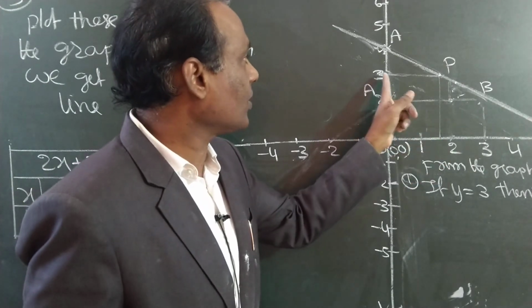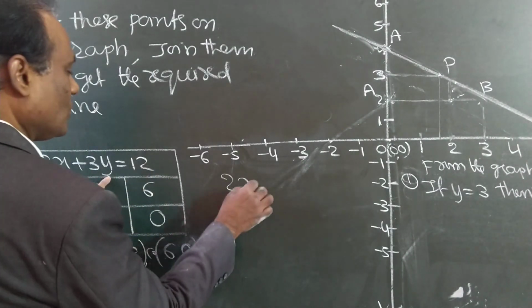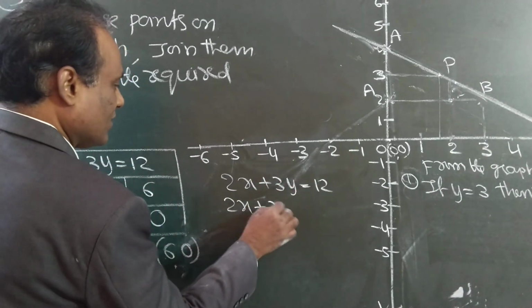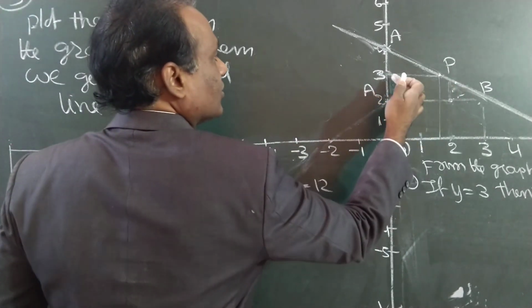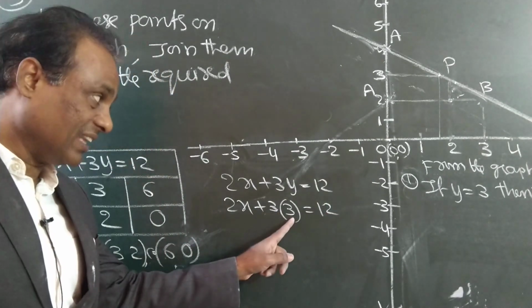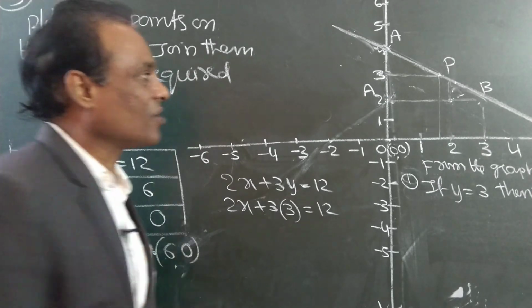See what we are getting. Suppose y is 3: 2x plus 3y is equal to 12. 3 times 3 is 9. 12 minus 9 is 3. 3 by 2 is 1.5.